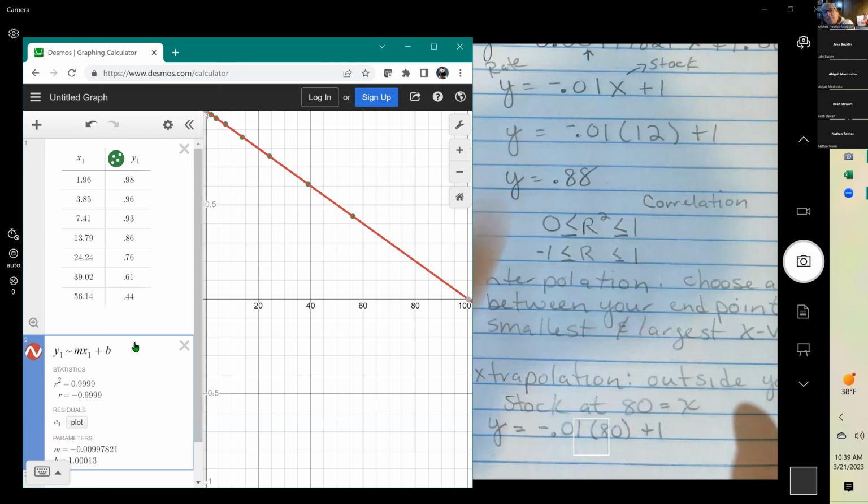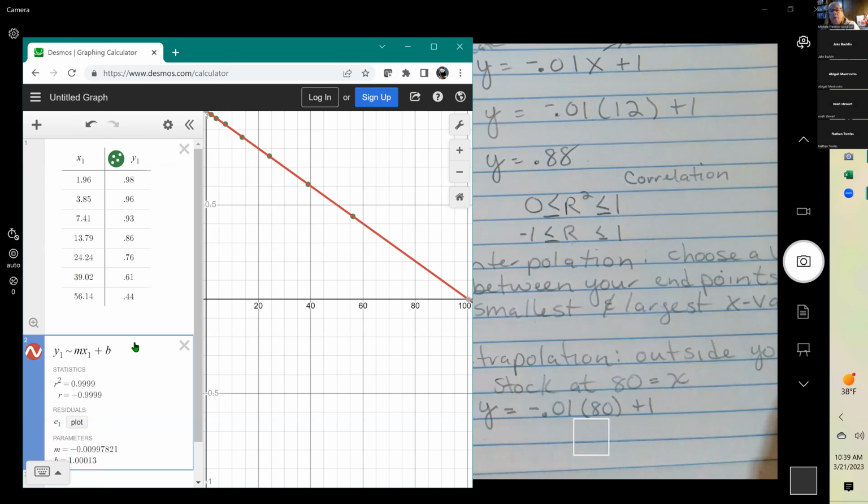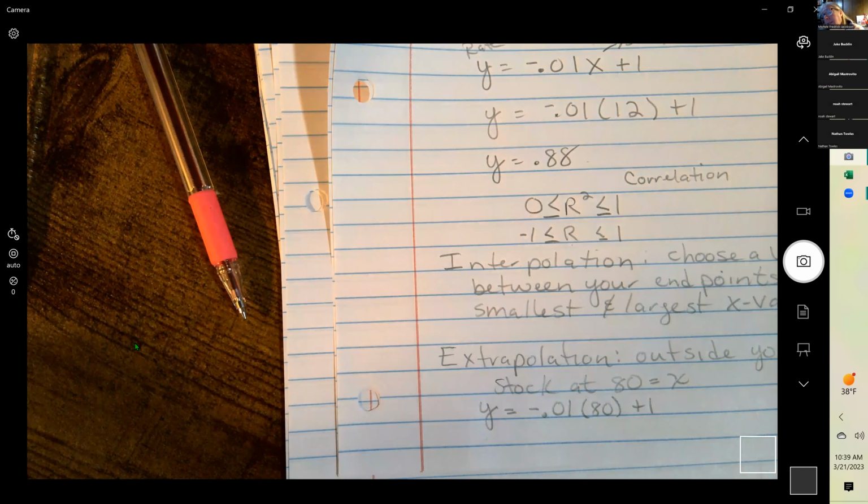Now this one might not be as accurate because it's outside of the values we've tested or plotted. It could be accurate, but it's not necessarily guaranteed.